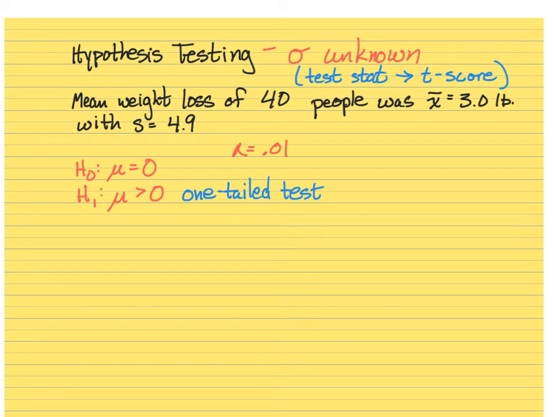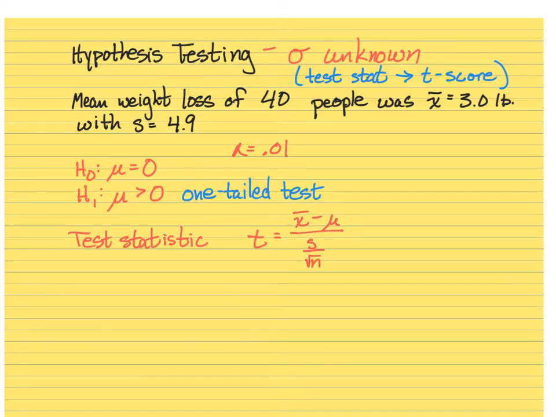Once you're here, then you calculate your test statistic. That's the next step. You've gathered your data, so now you want to find your test statistic, which is basically converting your data result to the test statistic, either a t-score or z-score. The t-score formula is our sample mean minus the population mean over s over the square root of n.